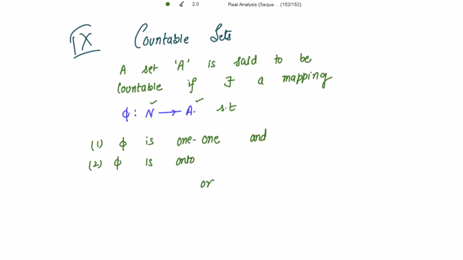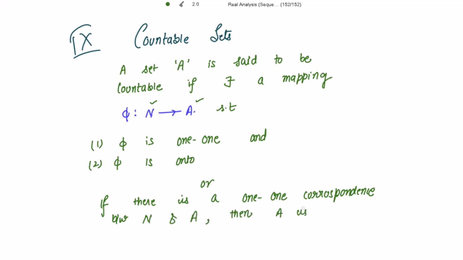So another definition of a countable set is: if there is a 1-to-1 correspondence between N and A, then A is said to be countable. Now, is a countable set an infinite set or not? Obviously, a countable set is an infinite set. Why?